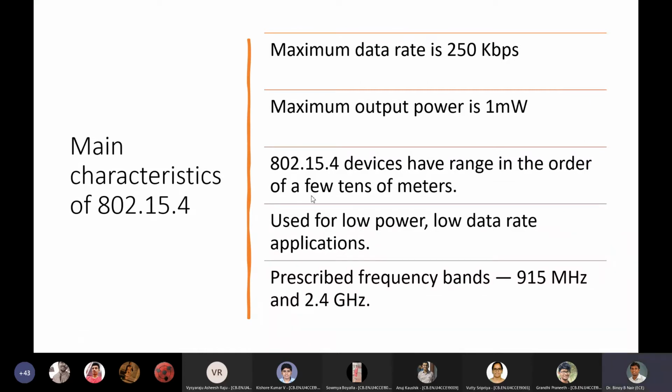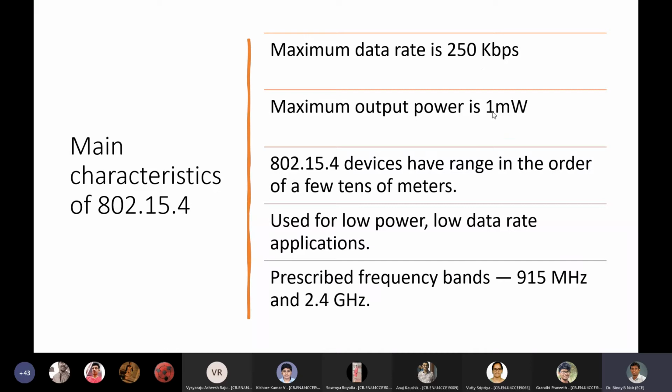So whatever commercially available device you pick up from the market, you will mostly find that it corresponds to all of these things. You may buy it from Microchip, you may buy it from Texas Instruments, or any device which uses 802.15.4, but all of them will have a maximum data rate of 250 kbps.